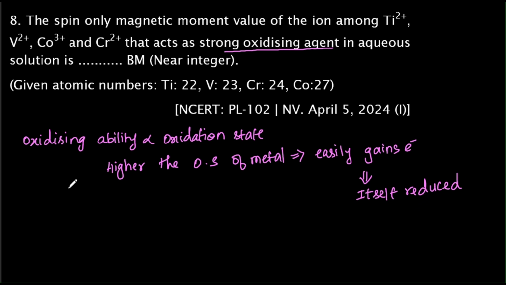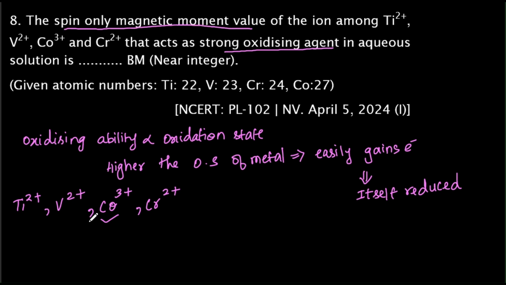So among the given ions, Ti2+, V2+, Co3+ and Cr2+, clearly we can see that the higher oxidation state is Co3+. So Co3+ will act as a strong oxidizing agent. Now they are asking us to find the spin only magnetic moment value. So for Co3+, what is the number of unpaired electrons?